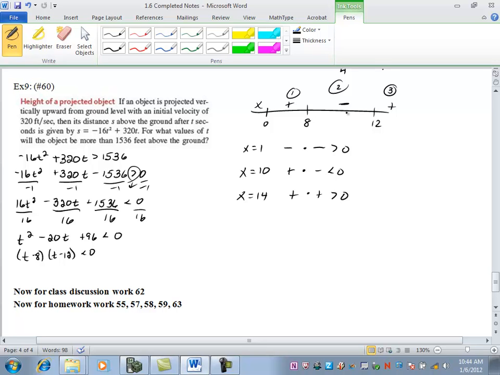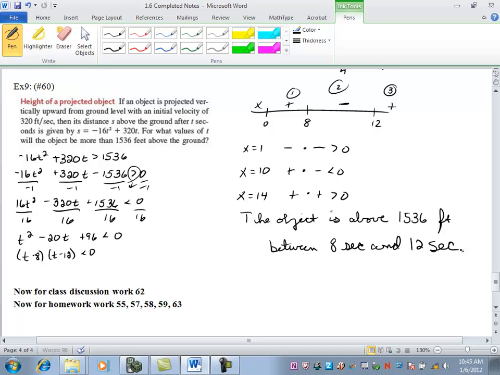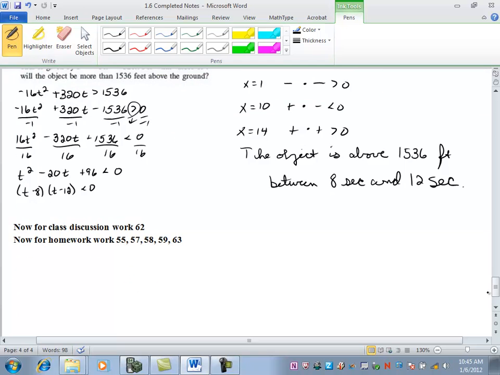That'll answer our question. And the object is above 1,536 feet between 8 seconds and 12 seconds. And so now please work through problem 62 for class discussion, and you can see the problems there to work for homework.